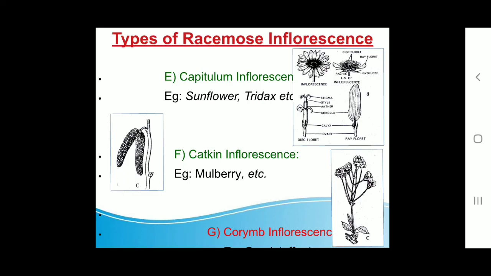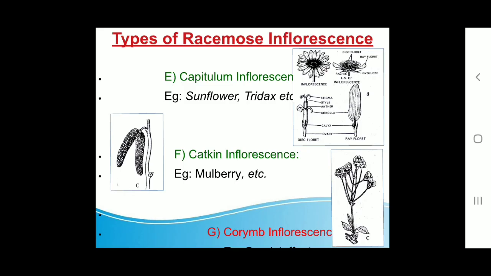The next type in racemose inflorescences is the capitulum inflorescence, which is characterized by a primary axis that is flattened, more or less convex, disc-like structure called the receptacle. The receptacle bears numerous sessile flowers known as florets. The florets are arranged in a centripetal manner.